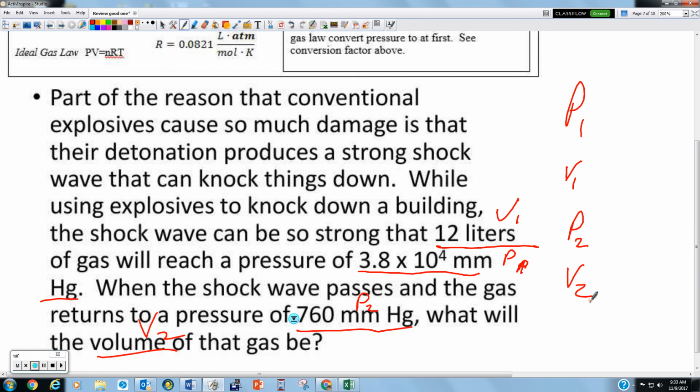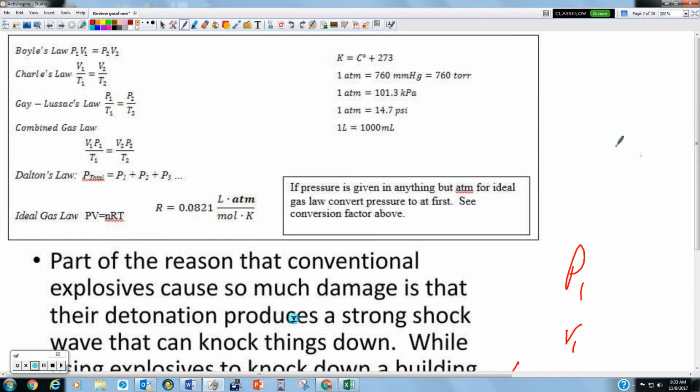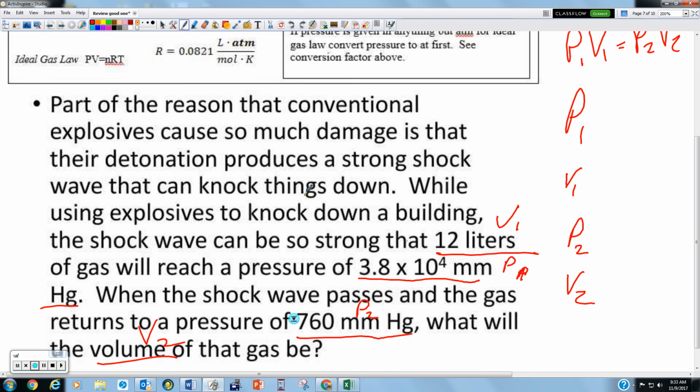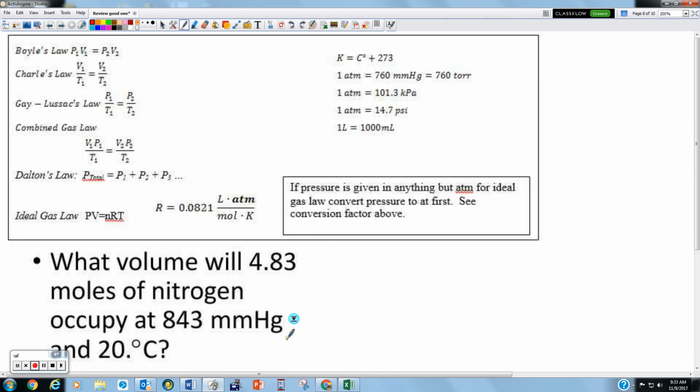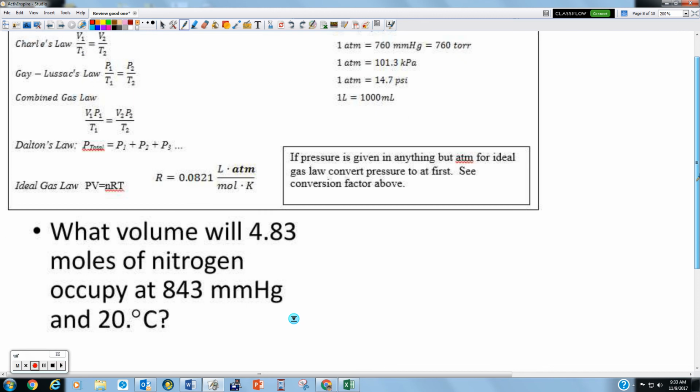So what gas law only deals with pressure and volume? Boyle's law. So you're going to have P1 times V1 equals P2 times V2. All right, I'm not plugging in the numbers. I'm just going to move on to the next one.